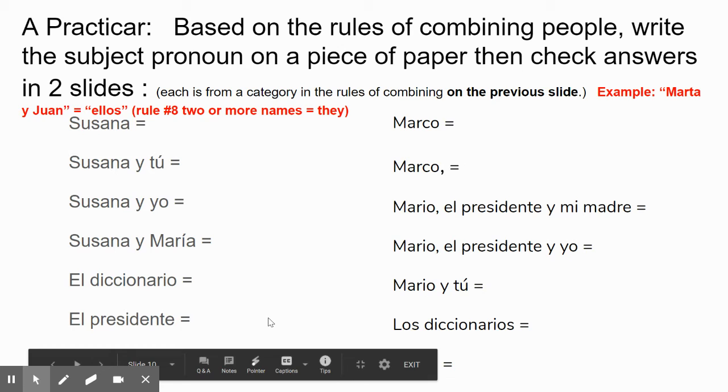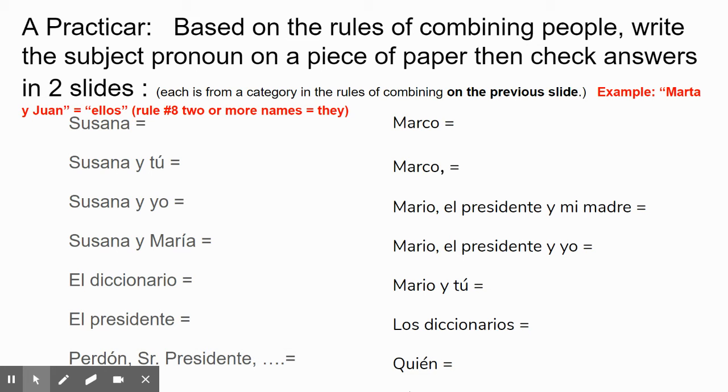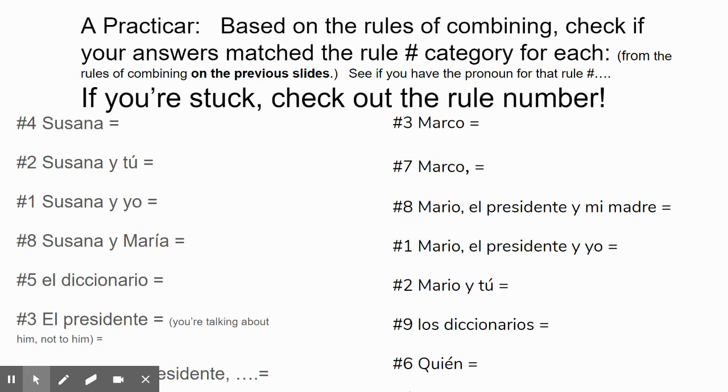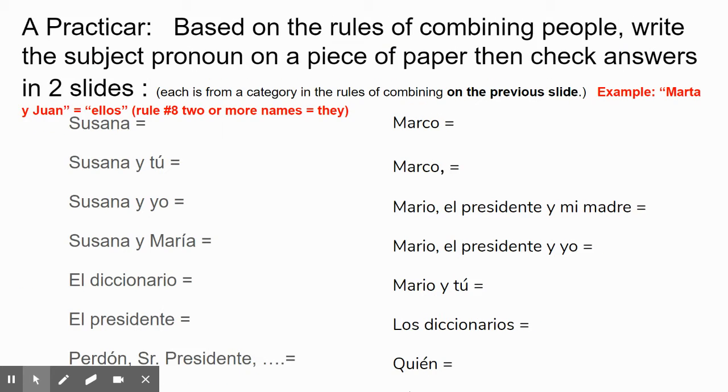So I want you to try these based upon the notes that you have. I'll do an example with you. It says Marta y Juan would be ellos. And if you get stuck, we have rules. So you can see this on this next one. It doesn't have the answers on this one. But those are the rules that go with each of these. So you could always print the rules off.